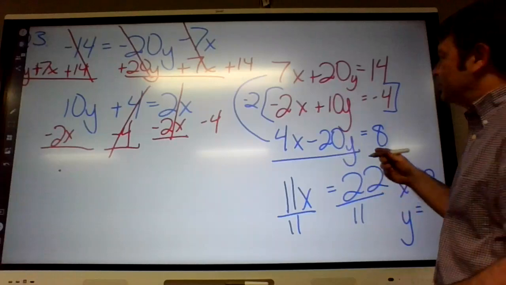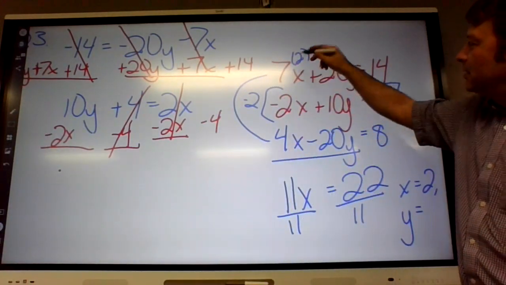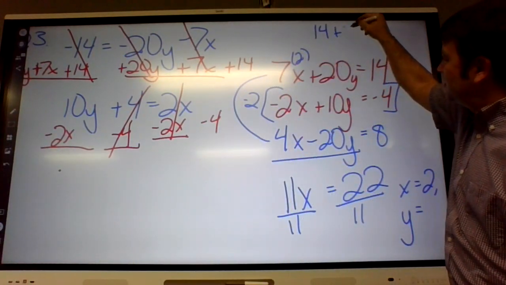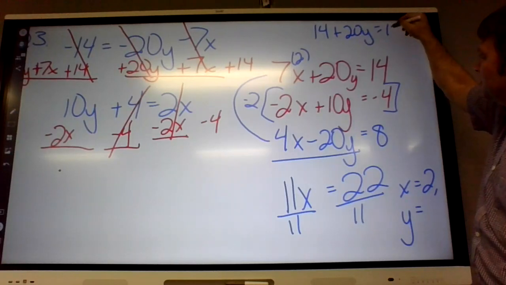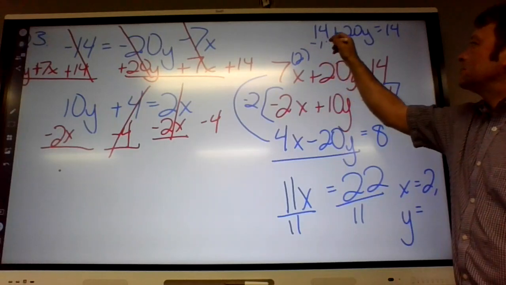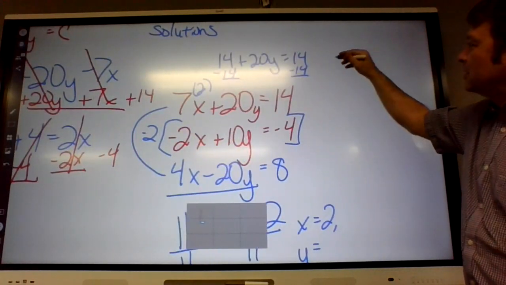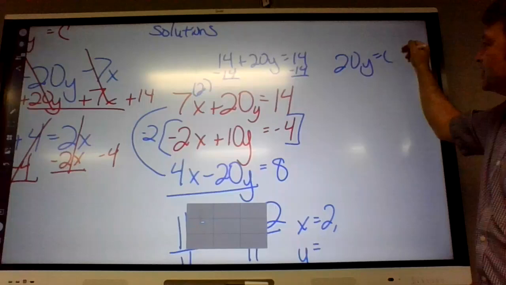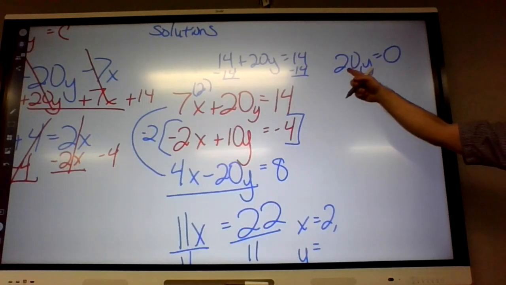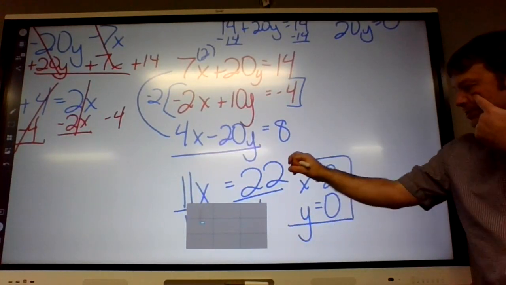I'm going to put it at the bottom. 20y equals 0. What's 0 divided by 20? 0. So we got 2 zeros.